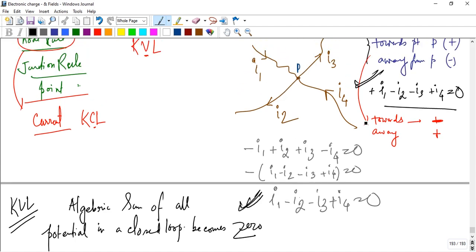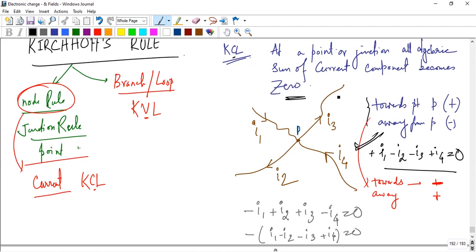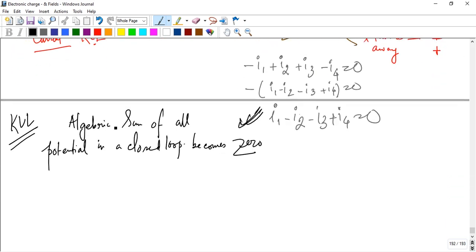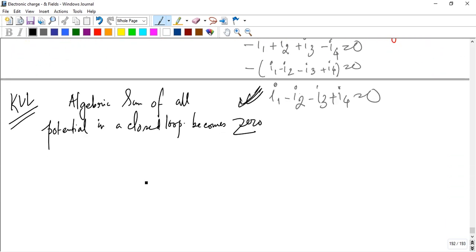For current it becomes 0 at a node, and here with potential, voltage, it is Kirchhoff's voltage law or voltage rule. Now the closed loop is very important.